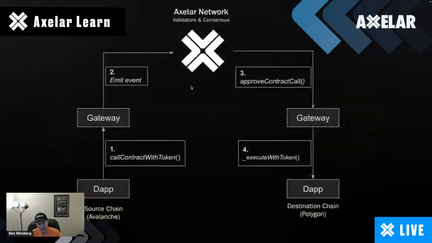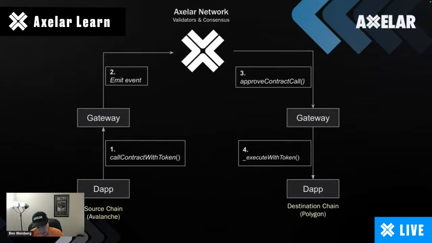So how does GMP actually work under the hood? And this is our last slide before we actually get to the exciting coding part. So imagine we have our contract on two different chains. We have a contract on Avalanche and we have a contract on Polygon.